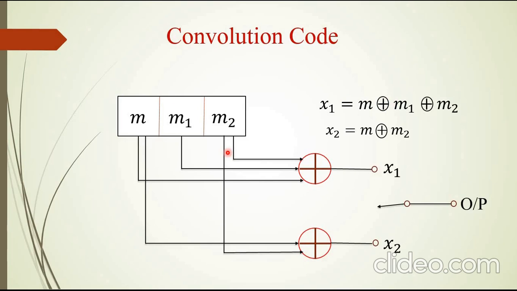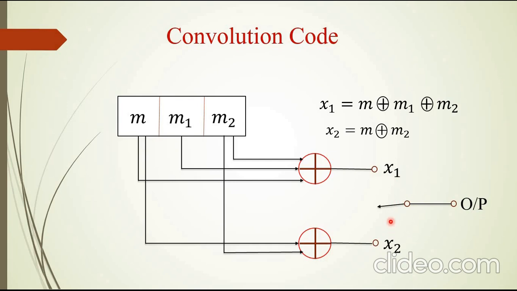If I say I have one output which I am taking from here, and let us say this is x1, and a second output that is x2, and the output is switching in between these two.